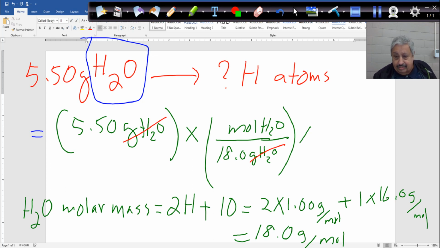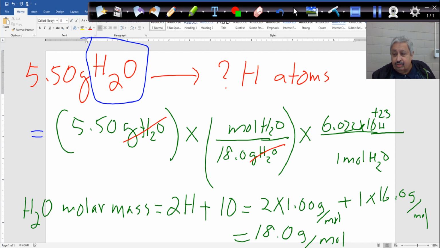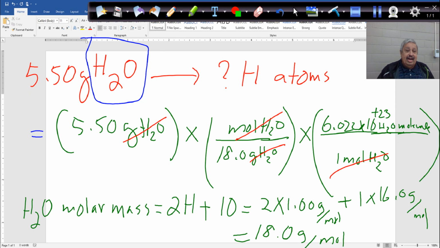So I'll be using 1 mole of H2O as Avogadro's number of H2O molecules, correct? Therefore the mole H2O cancels out.